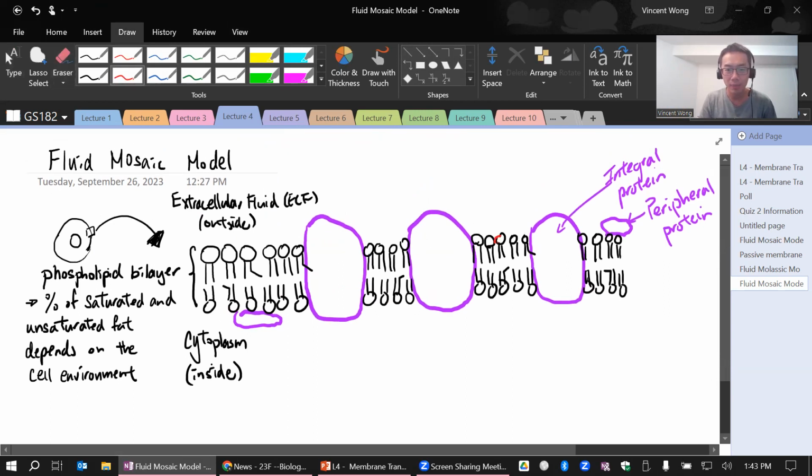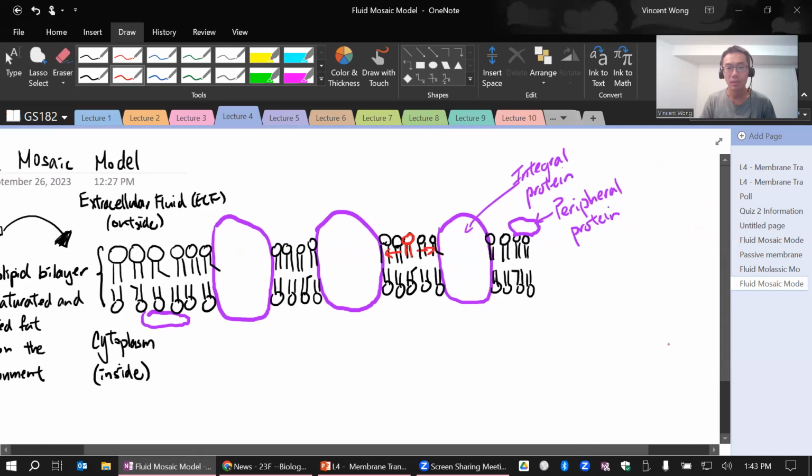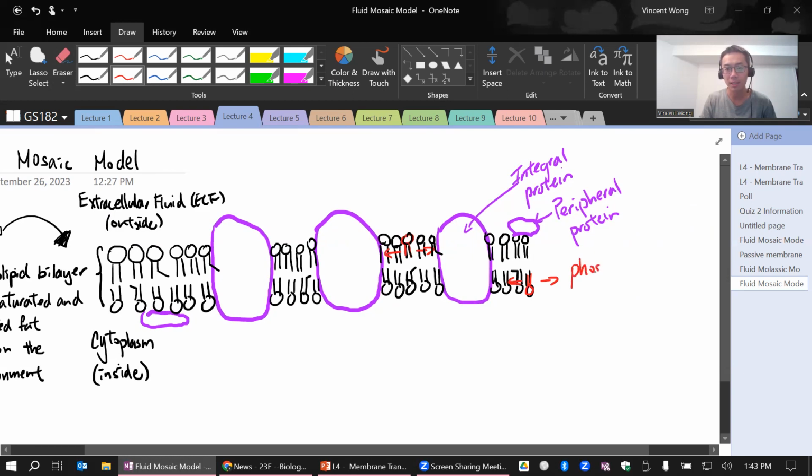So this phospholipid is free to move left and right, horizontally. Phospholipids are able to move laterally, sideways.